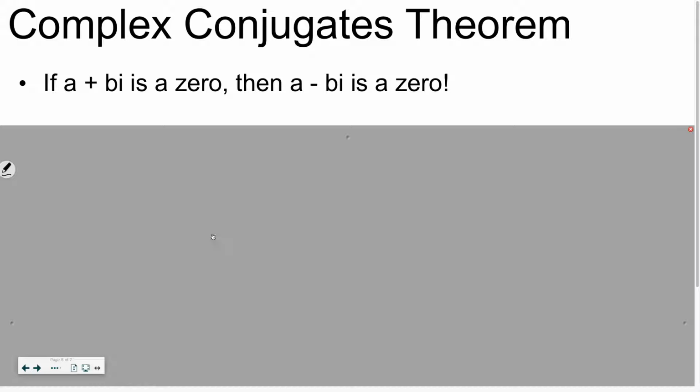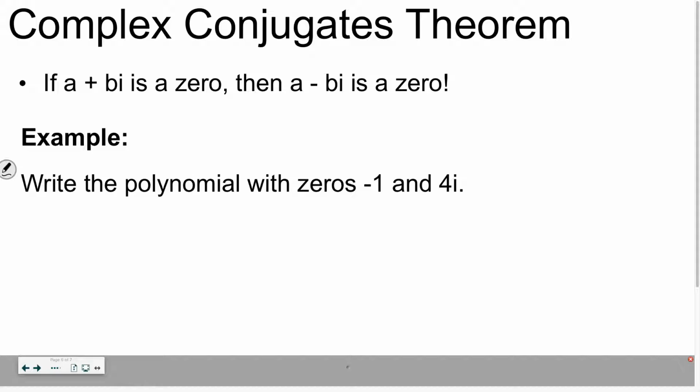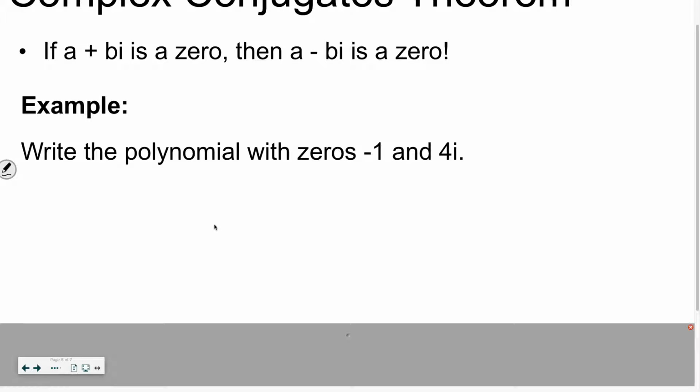Okay, so let's start with an easy one. Let's write the polynomial with zeros negative 1 and 4i. How many zeros do they give me? 2.